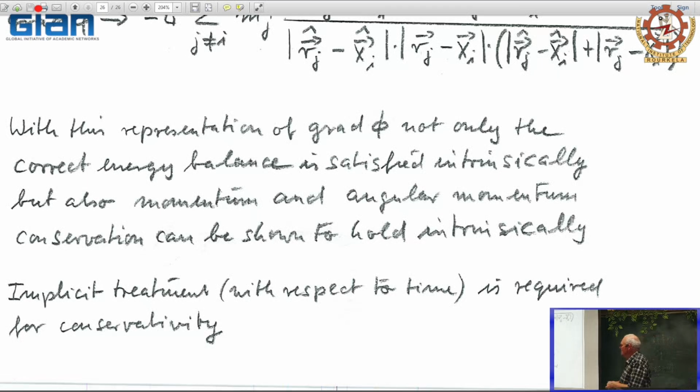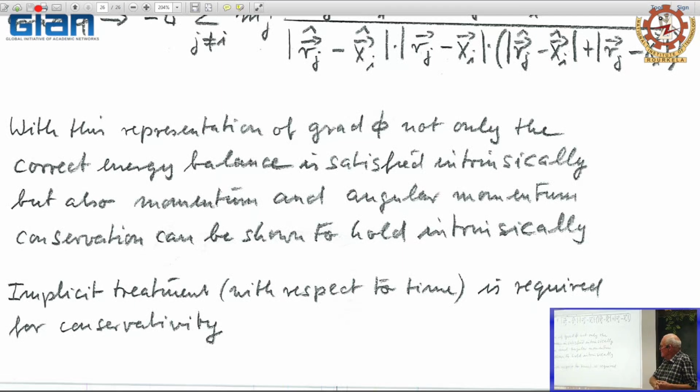Okay. Well, the nice thing about this formulation of the gravity is that you do not only have energy conservation, but if you ask whether you have angular momentum conservation, then you will find this representation intrinsically also guarantees momentum and angular momentum conservation.